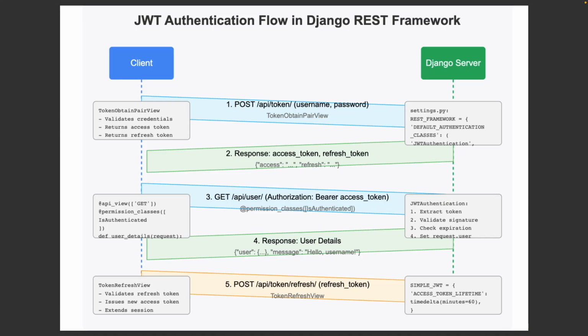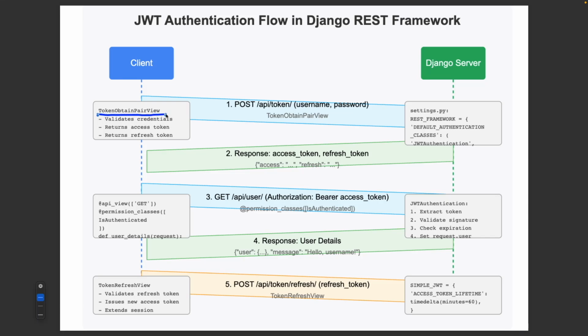So when you use JWT authentication in Django REST Framework, the most important three concepts or three views you should know. The first will be the TokenObtainPairView right here.